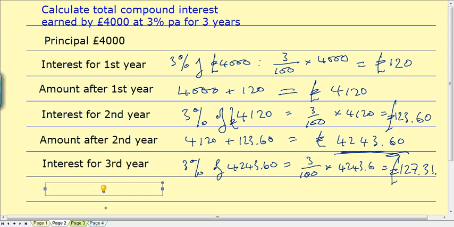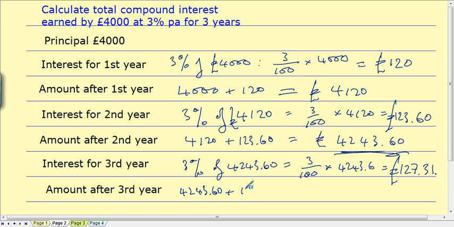And then the amount we have at the end of the 3 years is just going to be the total of 4,243.60 plus 127.31, which is going to be £4,370.91. So that's the total amount we've got at the end.